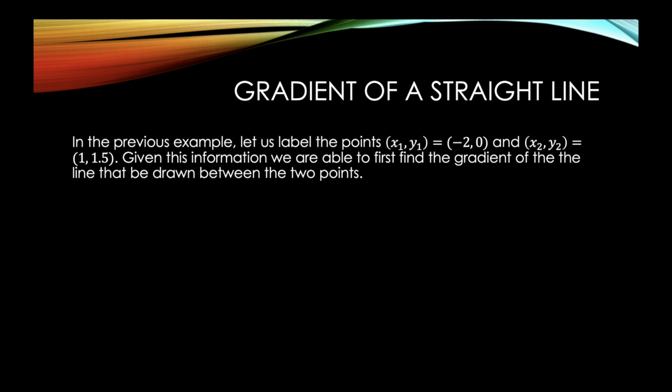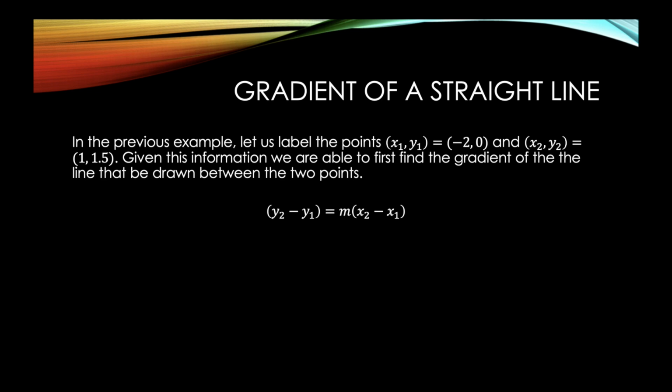Given this information, we're able to derive a general formula to find the gradient. This is of the form y2 minus y1 is equal to the gradient multiplied by x2 minus x1. Note that when you take one of the coordinates to be the leading number in your y values, that has to be the same for the x values.